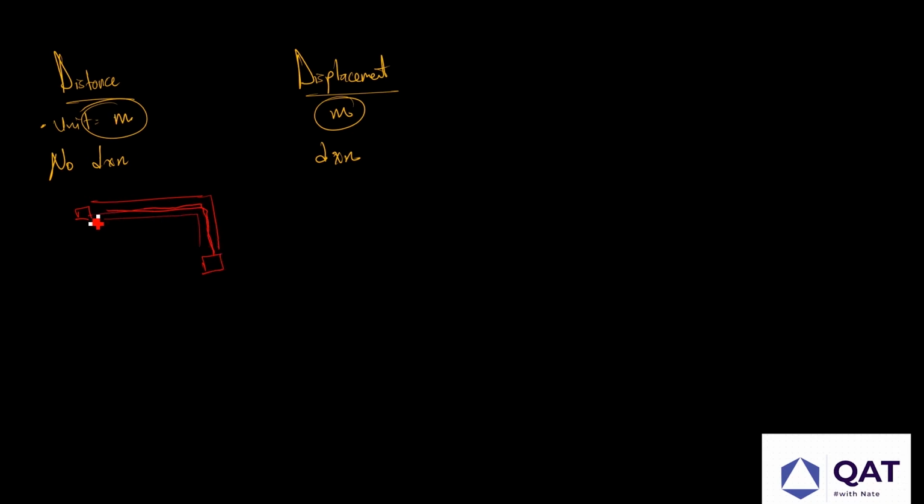We just need the length of the path it traveled. However, in displacement, we need to know the direction. I bring the starting point here, and this is the stopping point. So when I talk about displacement, I have to address the stopping position relative to the starting position.